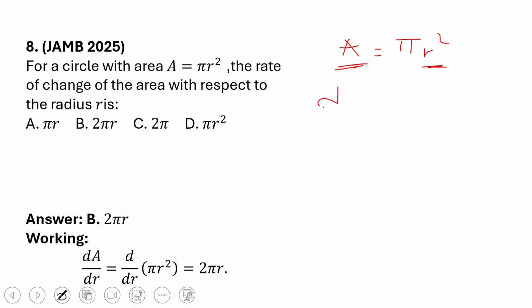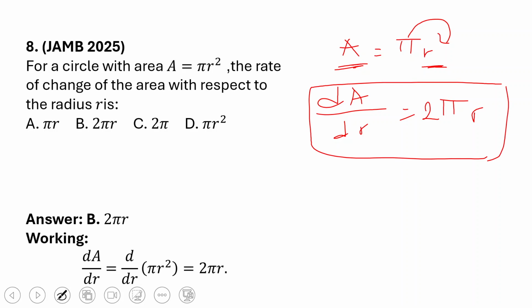The power 2 times the coefficient gives 2 pi, and at the same time 2 minus 1 is 1, so 2 pi r. So dA/dr gives us the circumference. If you differentiate the area, you get the circumference. You know that pi r squared is area, and 2 pi r is circumference. So the answer is B.